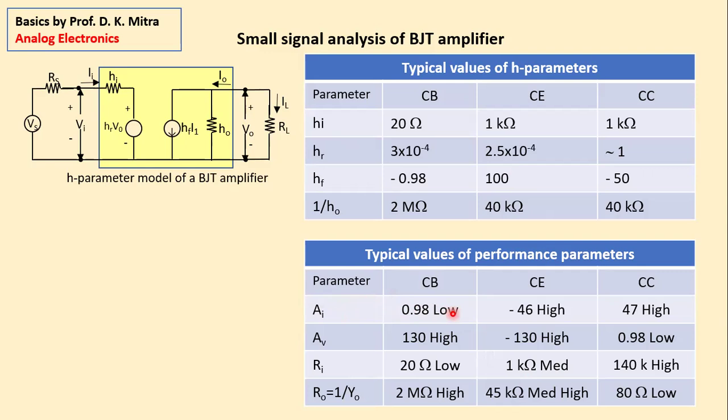These are indicating values. So we have learned how to derive the four important performance parameters of an amplifier in terms of its H parameters. And also we have seen what the typical values are.